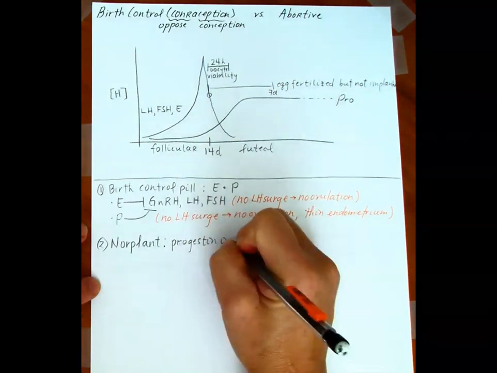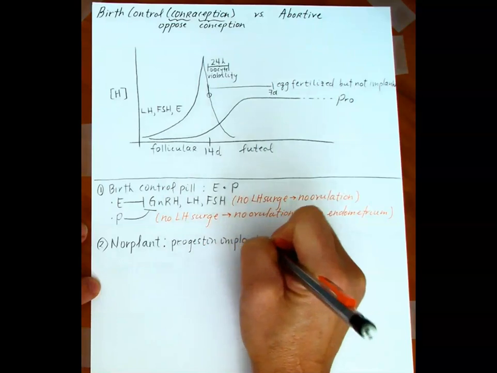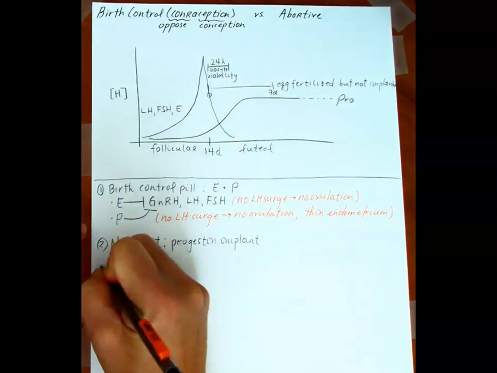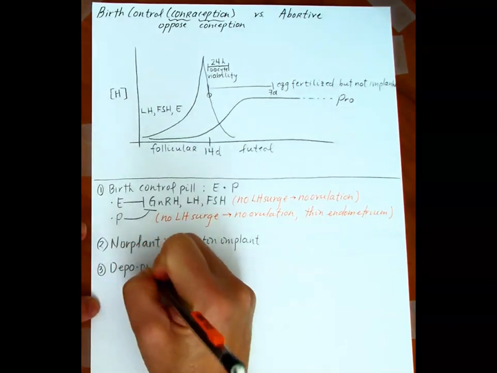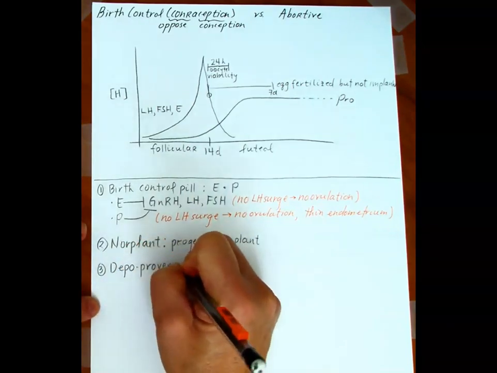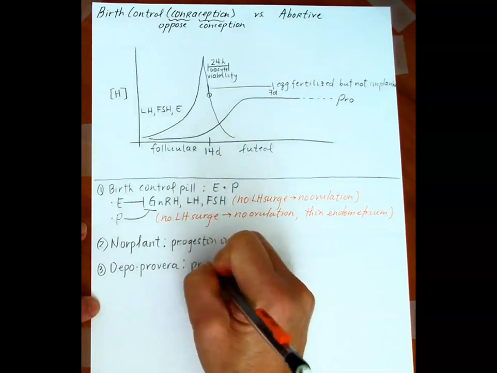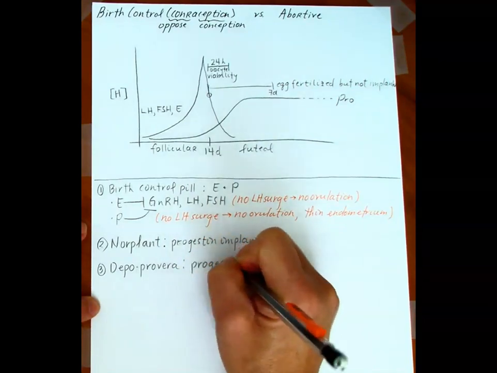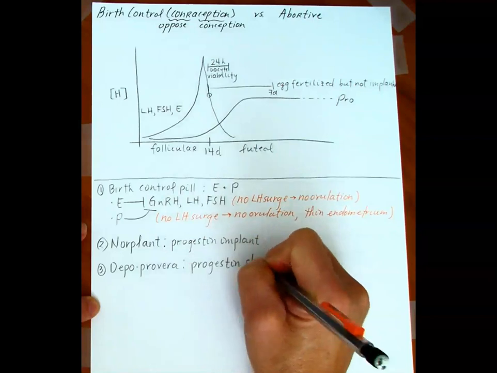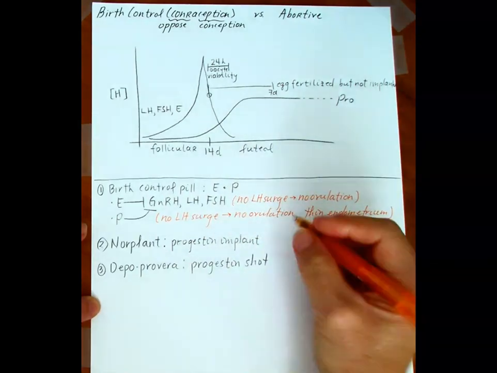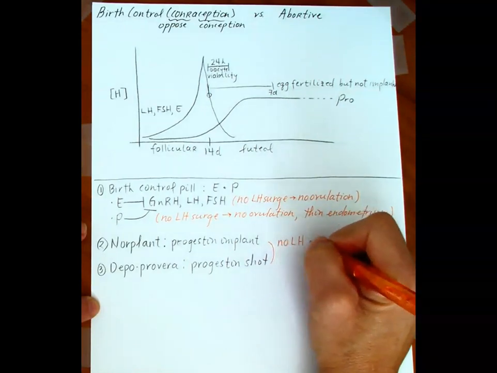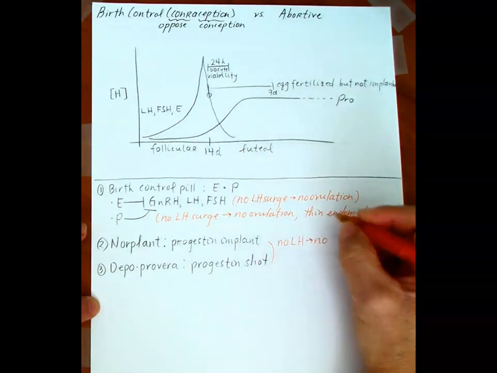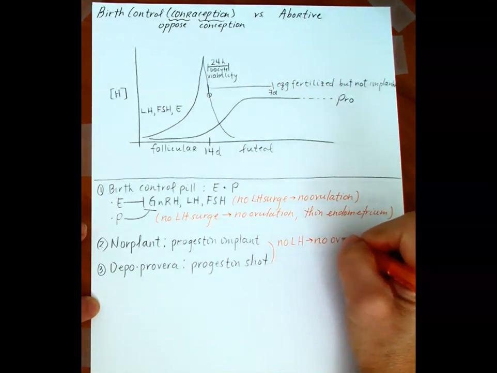And then there's a medication called Depo-Provera, which is a progestin shot, and you take it every 3 months. And both these medications will block the LH surge, so you don't have any ovulation, and of course, it will thin the endometrial lining.